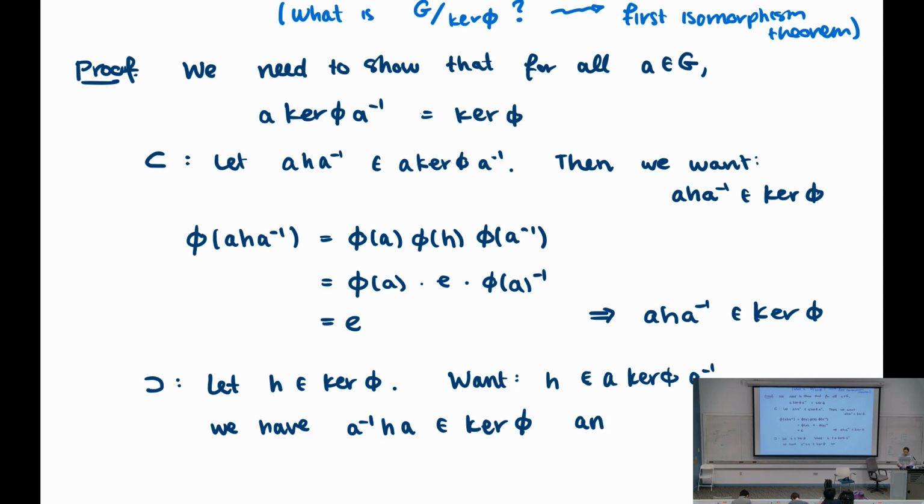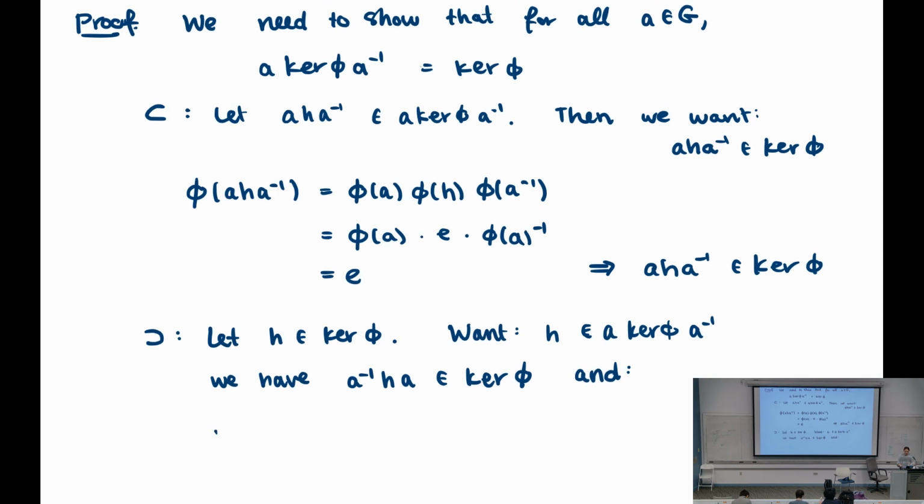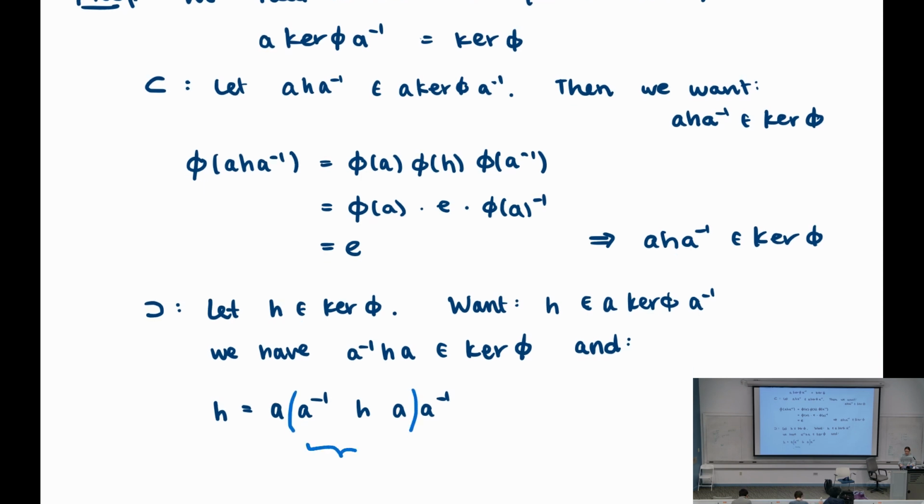And we can write H as follows. So H is equal to A times A inverse H A times A inverse. And I'm going to apply suggestive parentheses. Okay, so this is an element of the kernel of phi.